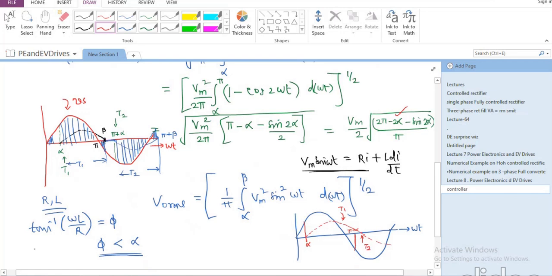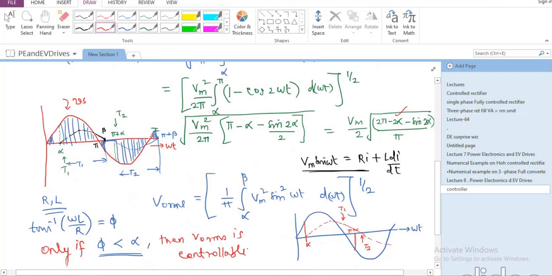So only if phi is less than alpha, then the output voltage is controllable, because there will be a break in the current. Otherwise, we are not going to have any break in the current at all. The current is going to be continuous.